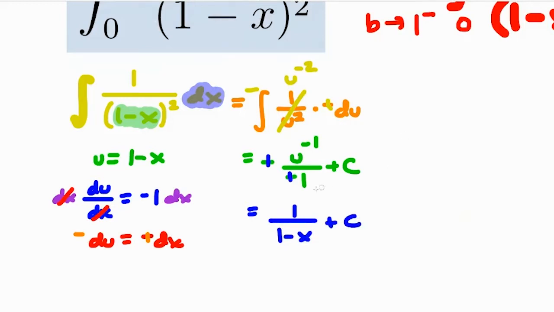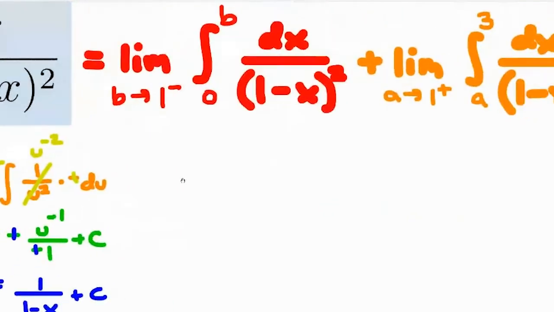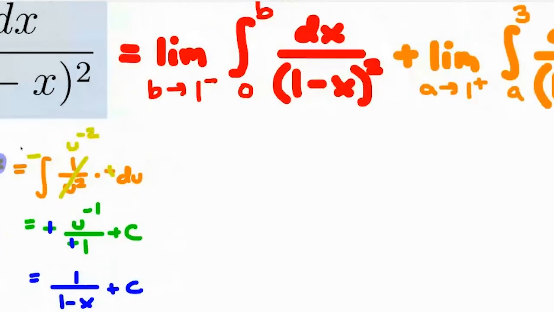Okay, so I'm going to use that antiderivative to figure out these areas right here, from 0 to b and a to 3. So that's what I'm going to do. I'm going to use that blue right there. Let's blow this up a little bit. Okay, so this is going to be equal to the limit as b goes to 1 from the left.